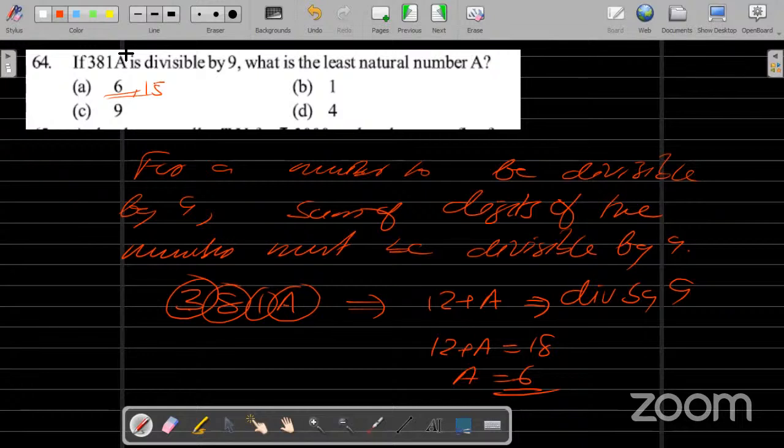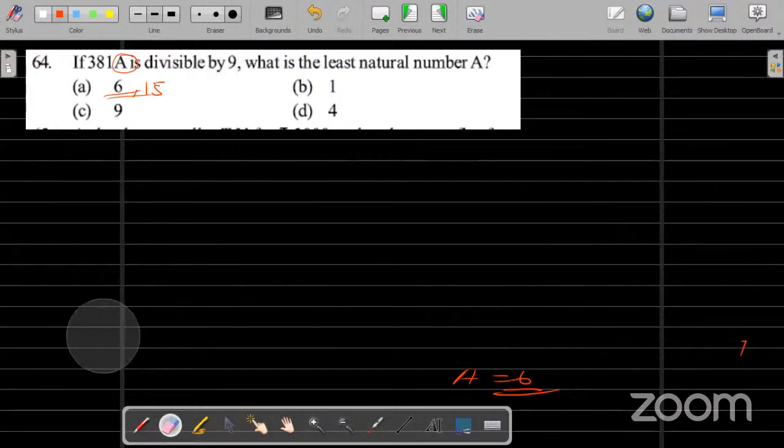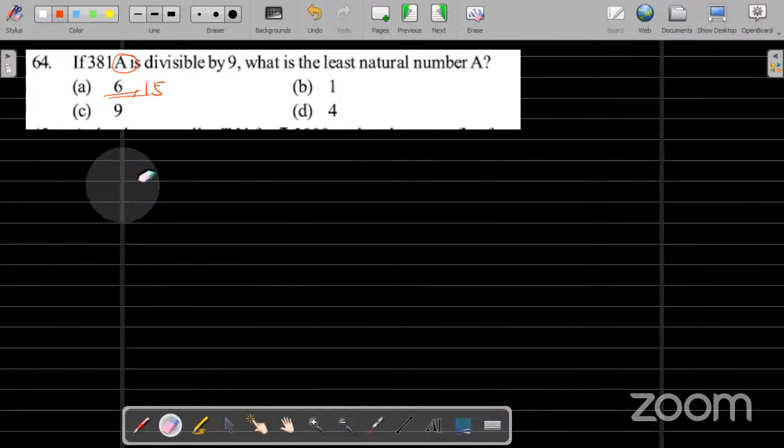If A is 15, A is a natural number. Then 12 plus 15 is 27. That case also works. Among them, the lowest is 6. Next higher is 15. 15 plus 9, 24 is the next one. It goes on like that. I can list down a number of natural numbers for A. Among them, the lowest is 6.